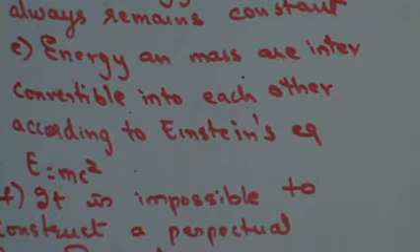Right? So these are the different ways in which the first law can be stated. It is the same as the law of conservation of energy. Now, let's see the mathematical equation for the first law of thermodynamics.